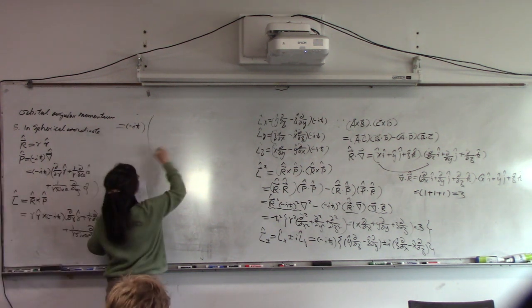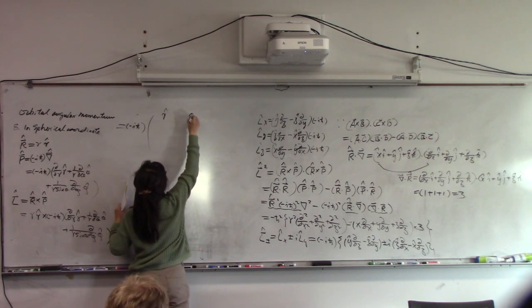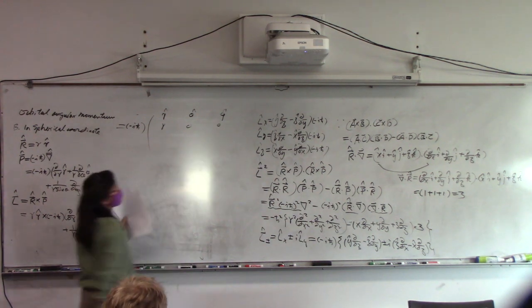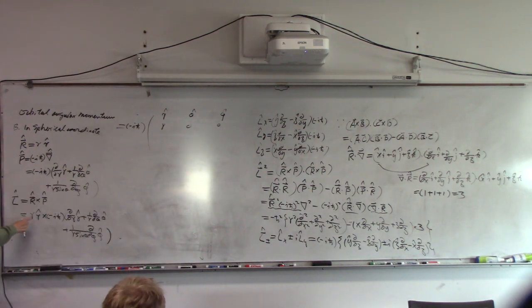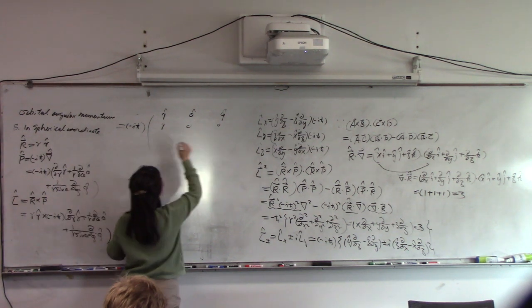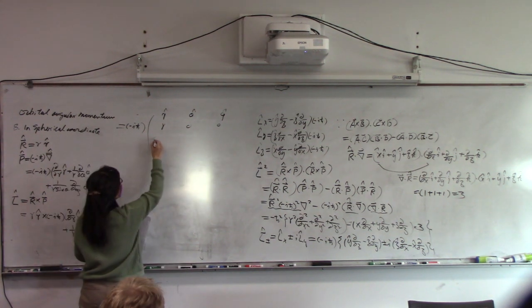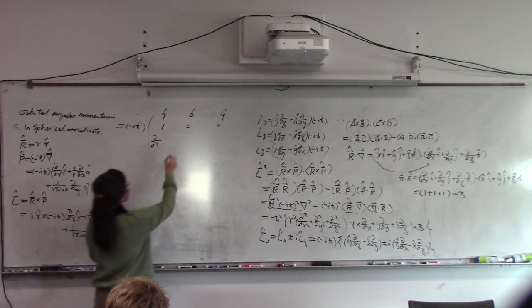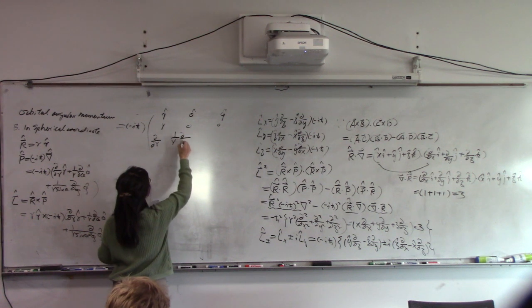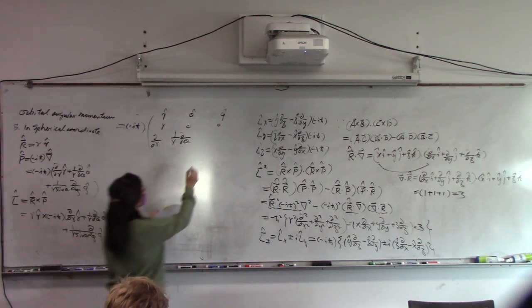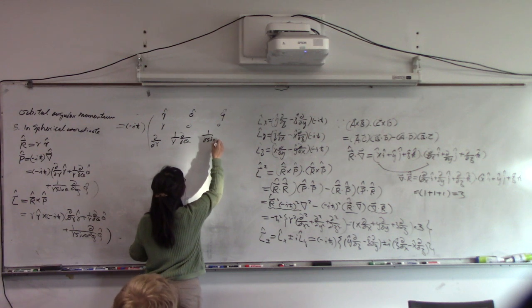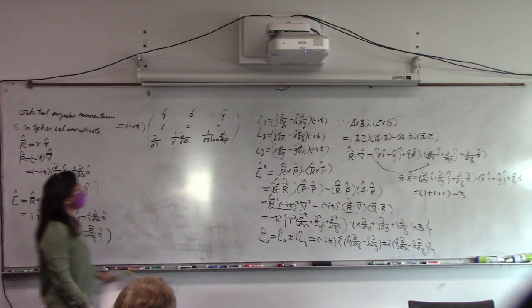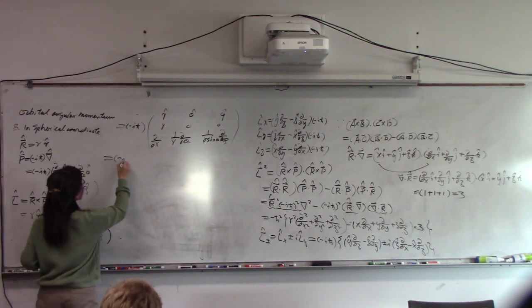Then I use this matrix with r, theta, phi. So r has only the r component, no theta and phi components. That is for the vector r. The next row is for the gradient: r hat is partial r, theta is 1 over r partial theta, and phi is 1 over r sine theta partial phi. I use this to help me get the cross product.